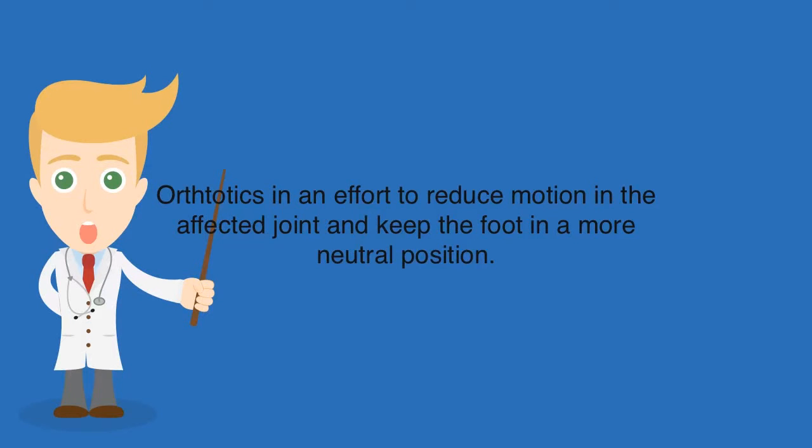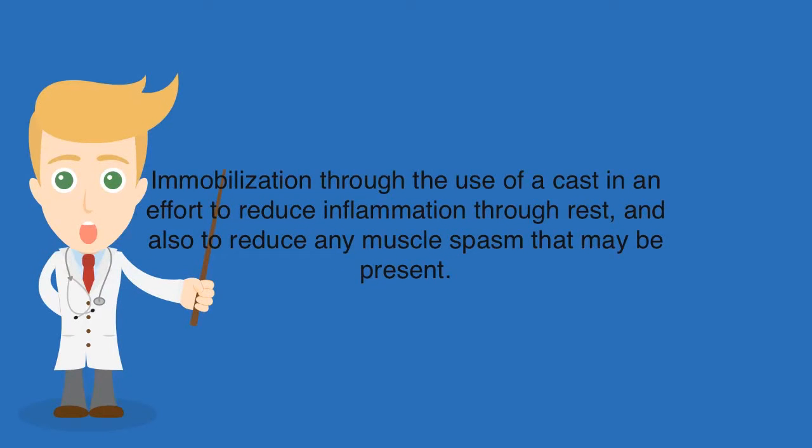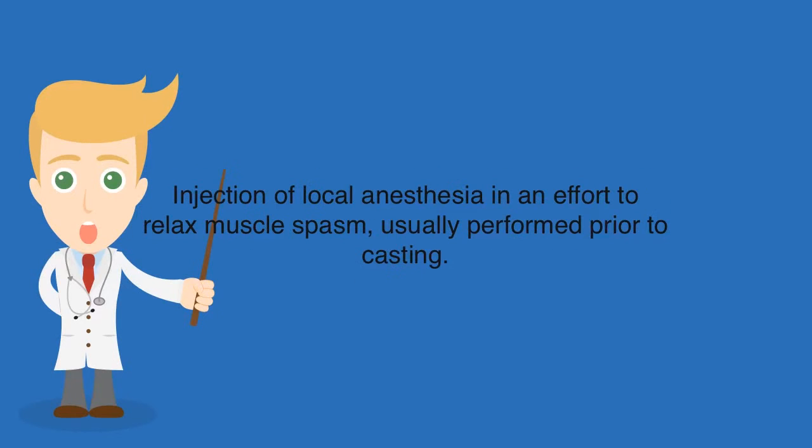Orthotics in an effort to reduce motion in the affected joint and keep the foot in a more neutral position. Immobilization through the use of a cast in an effort to reduce inflammation through rest, and also to reduce any muscle spasm that may be present. Injection of local anesthesia in an effort to relax muscle spasm, usually performed prior to casting.